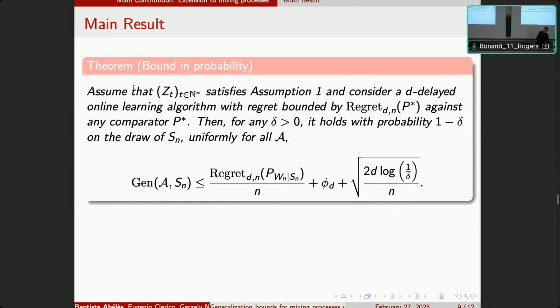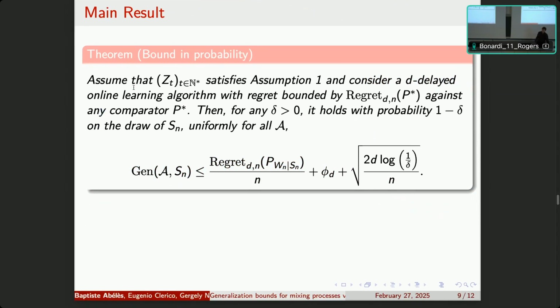We combine this result with the online-to-PAC result, and we state our main contribution: under our mixing assumption, any statistical learning algorithm has a generalization error that is bounded by a delayed regret with respect to the fixed comparator A, plus this concentration inequality that I just stated above.